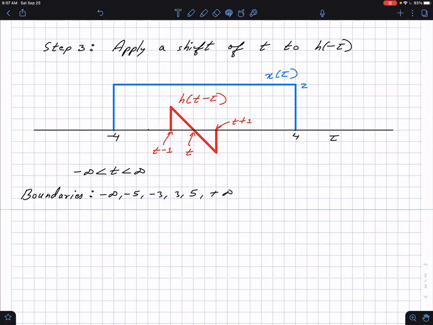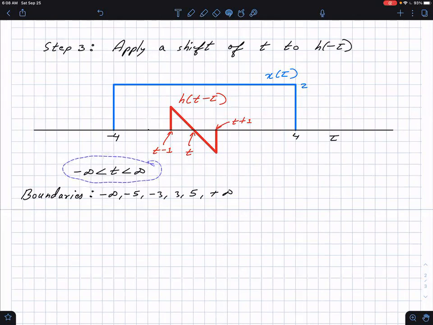And the shift is represented by the variable t, and the possible values of t are all numbers from -infinity to +infinity, and we need to consider all possible values. And as we apply different amounts of shift to this red function, we'll see different types of interactions between the blue function and the red function.